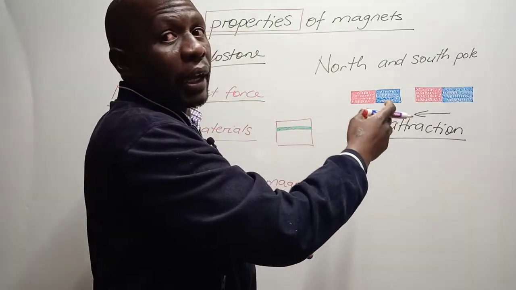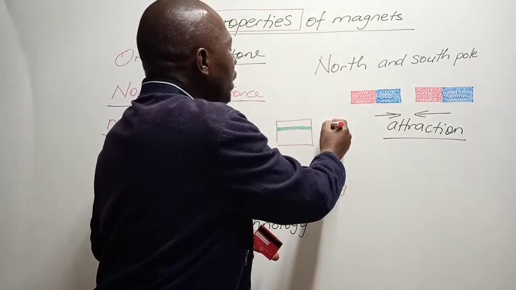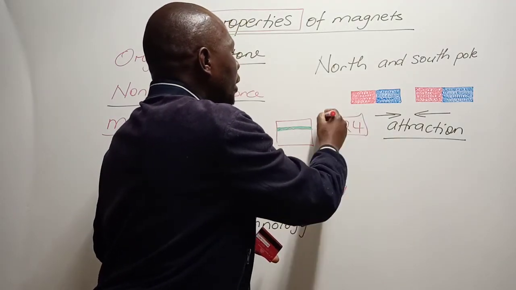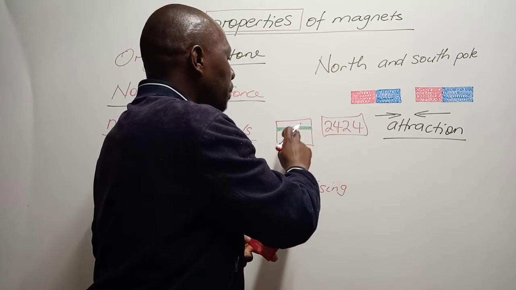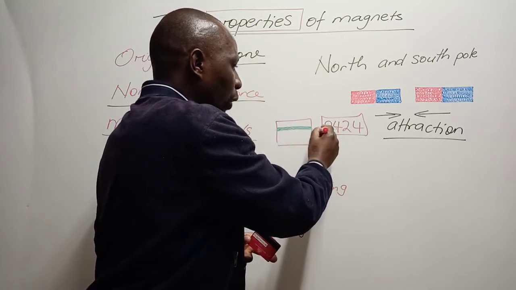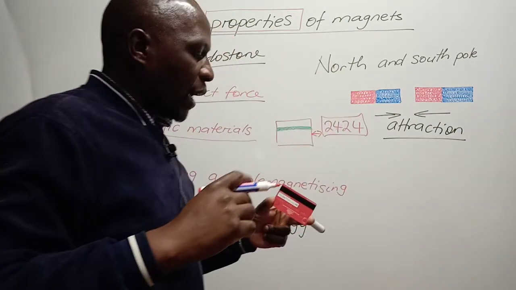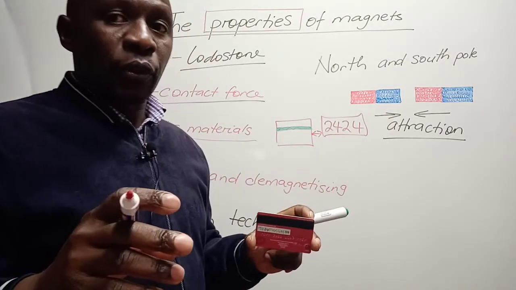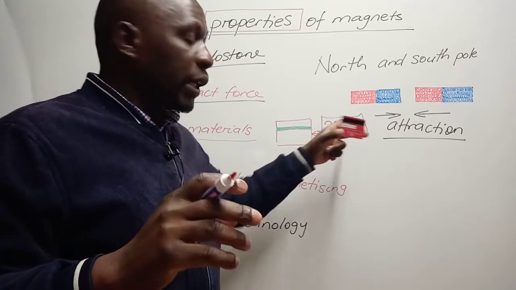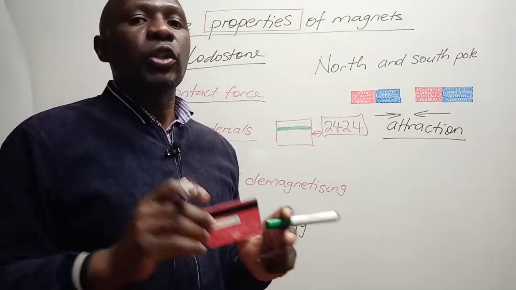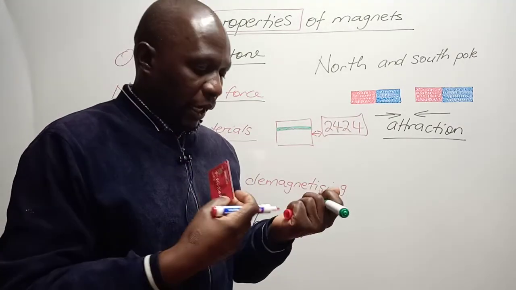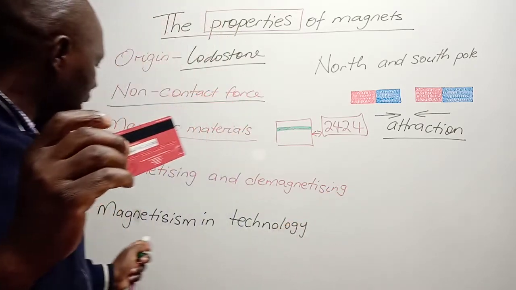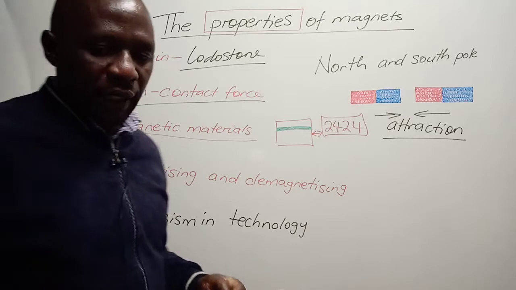Let's say your PIN number is 2424. So this pattern is linked to 2424, right? However, 2424 is known by you, and this pattern will recognize 2424. So the decoding can be done by a computer at the bank. So that's magnetism in technology.